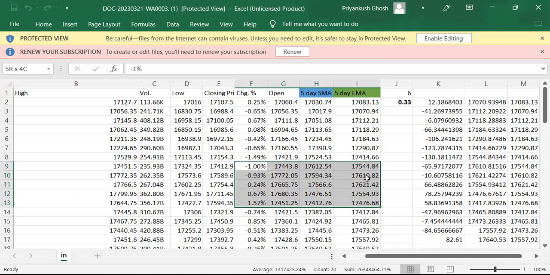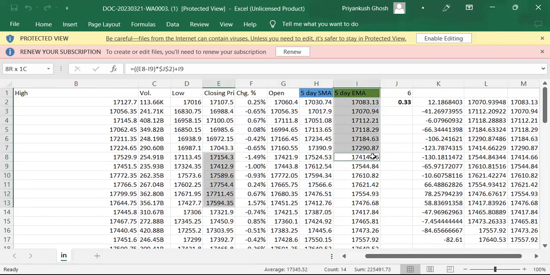So that is how it is, and also see another thing here, this is also something interesting we have to observe. You have to just keep this in mind, okay? So compare this column, and compare this.